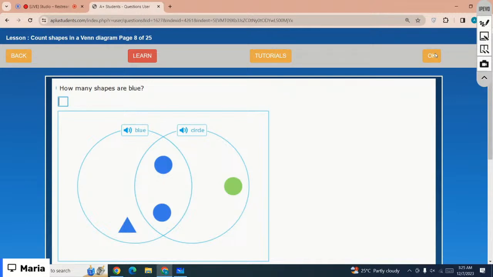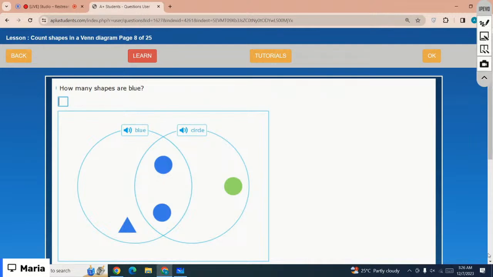You need to just count the shapes that are blue. Yes, 3 of them are blue. The correct option is 3.